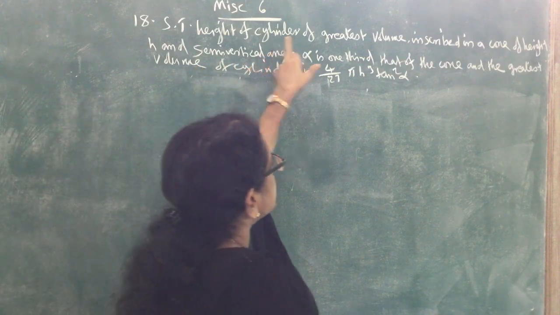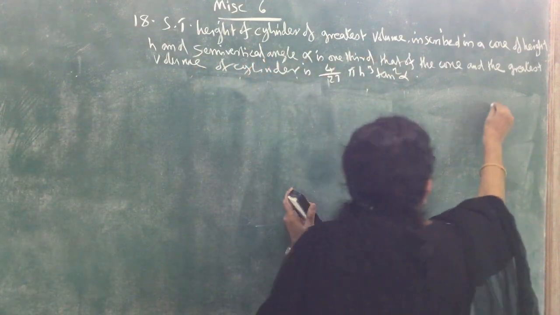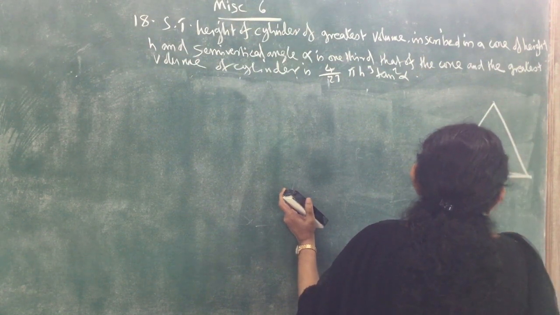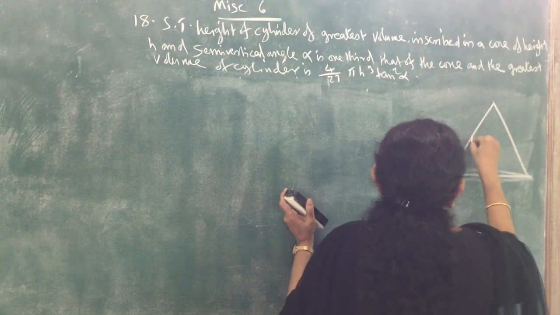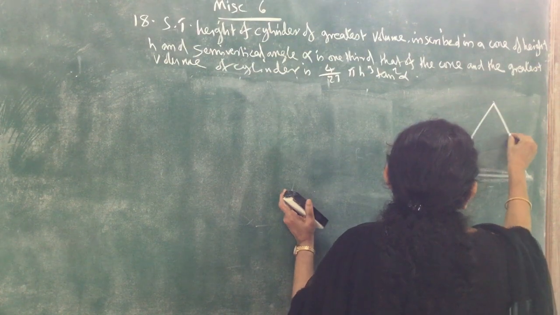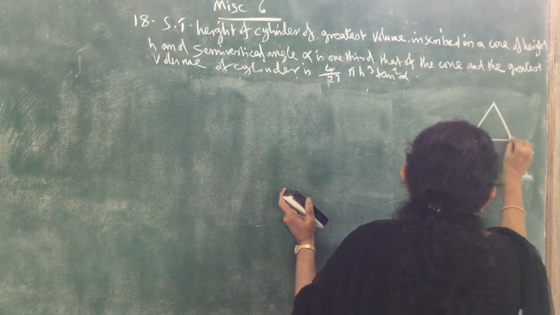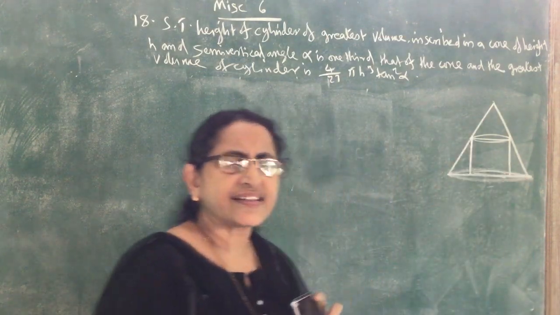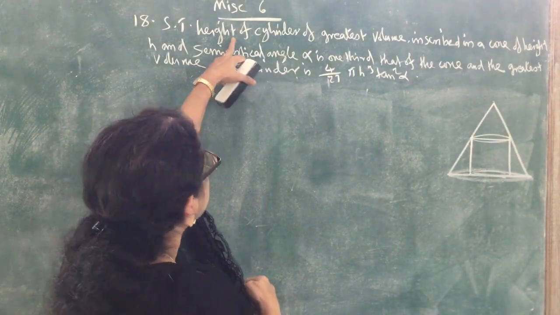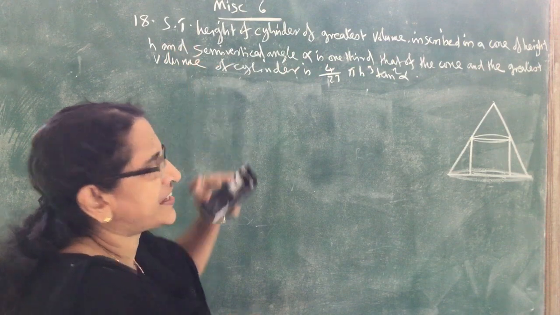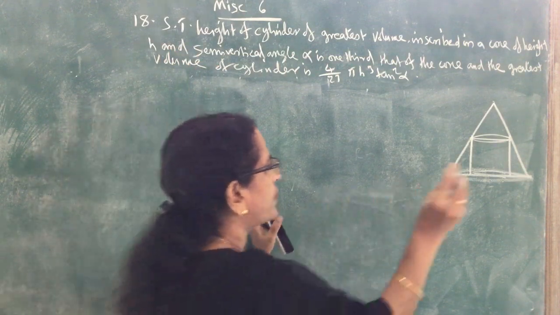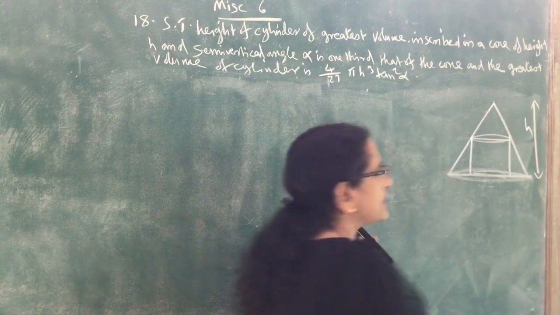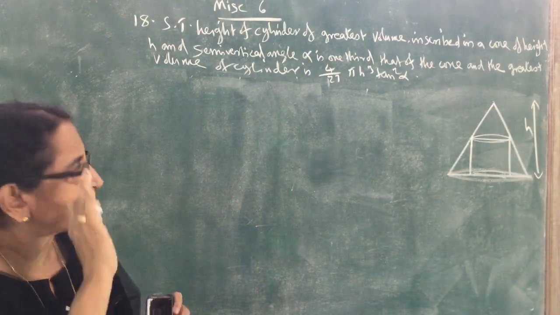So the cylinder is inscribed in a cone, and the cone has height h. Given that the height of the cone is h, that is given constant.